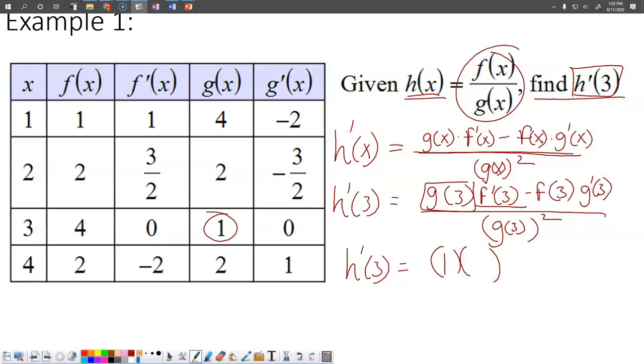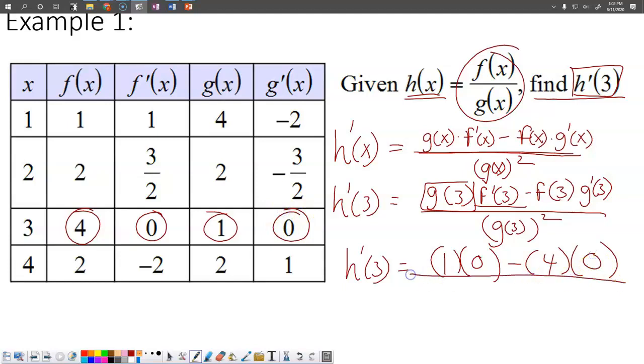F prime of 3, I should say. That's 0. F of 3 is 4. Finally, g prime of 3 is 0. Well, actually, not finally. We need to do the bottom now. G of 3 is 1, and that's being squared. So we have 0 minus 0 on the top, which is 0, over 1, which is 0. So there's our final answer.